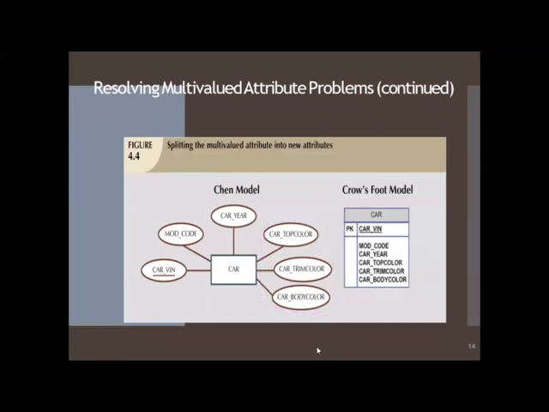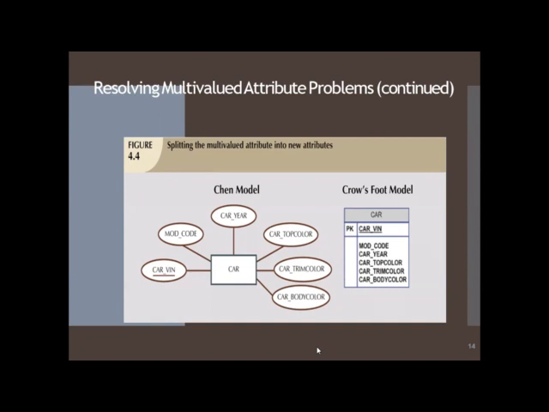We split the multi-value attribute about the color, become car top color, car trim color, and car body color. So this is the splitting of the car color. Car color, we can divide it into top, trim, and then body color.